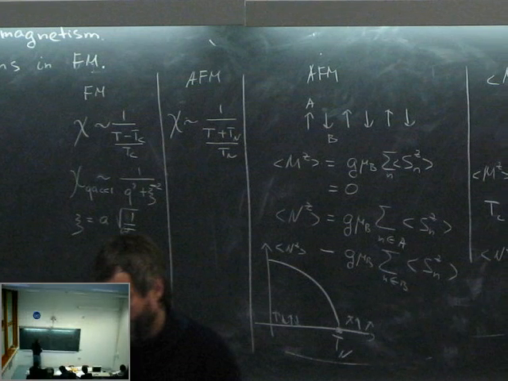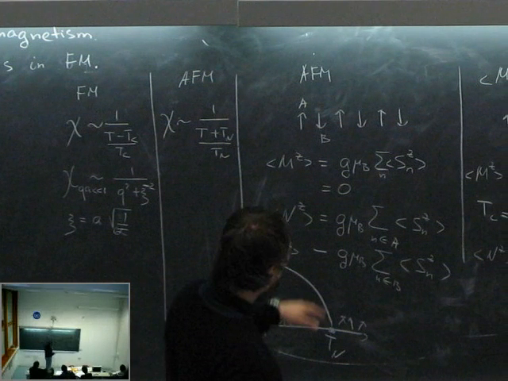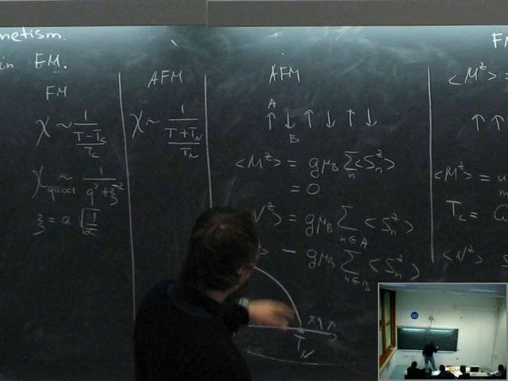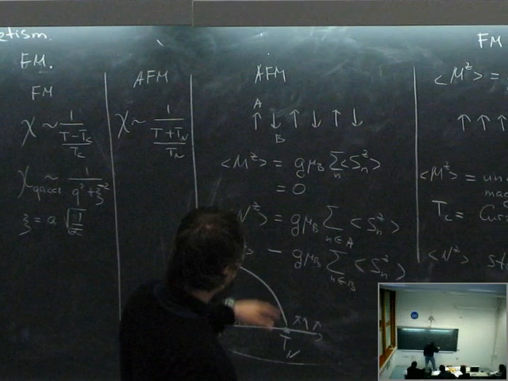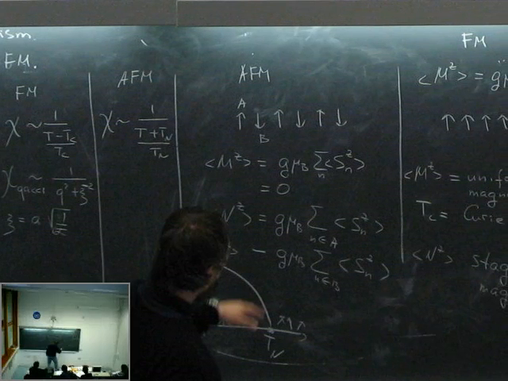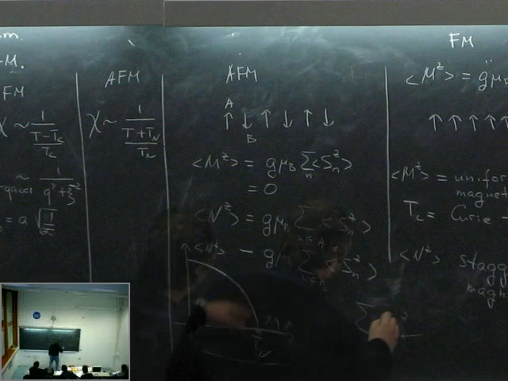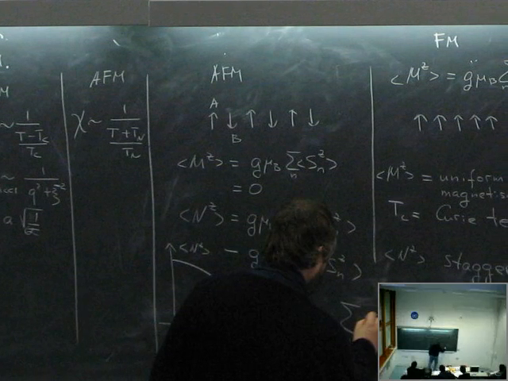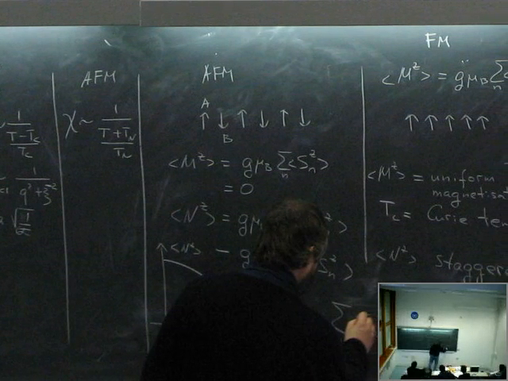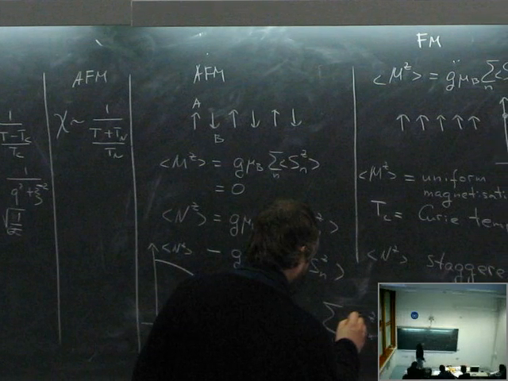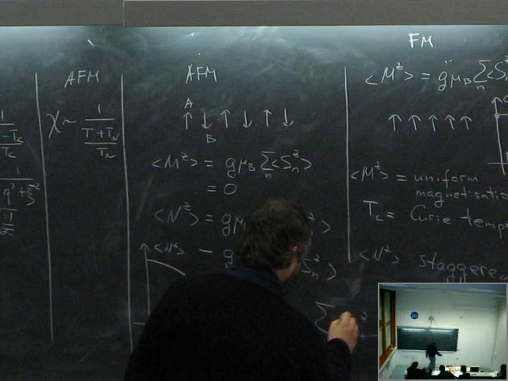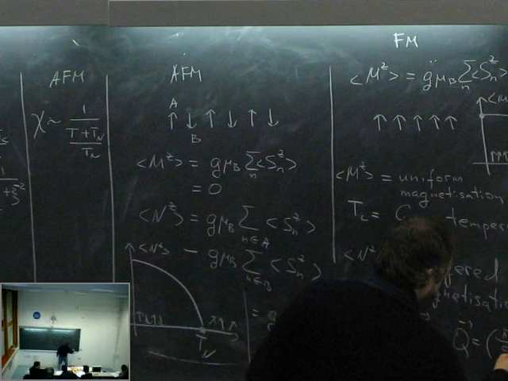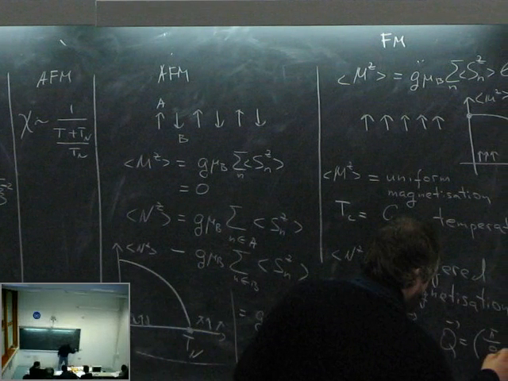However, we can interpret this staggered magnetization as g mu Bohr sum over all n, s_n^z e^{i q r_n}, where for a simple cubic lattice q is just (pi over a, pi over a, pi over a).